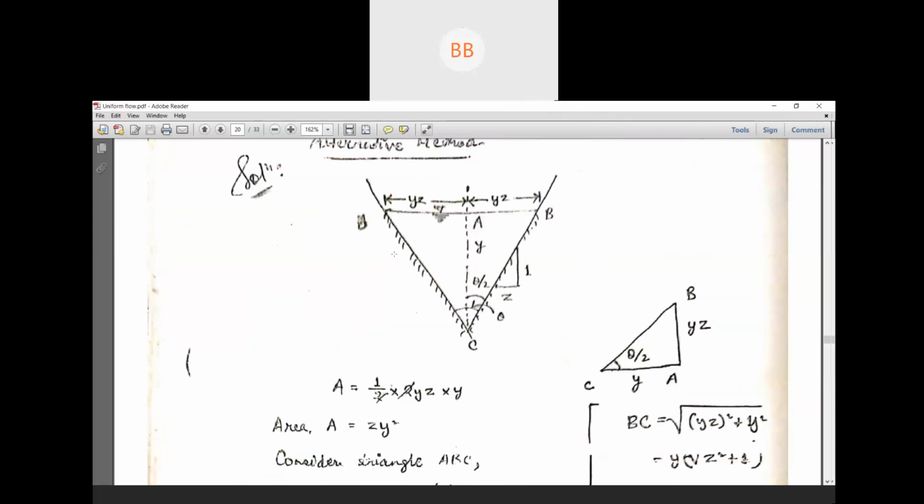Weighted perimeter is nothing but our CD plus BC.